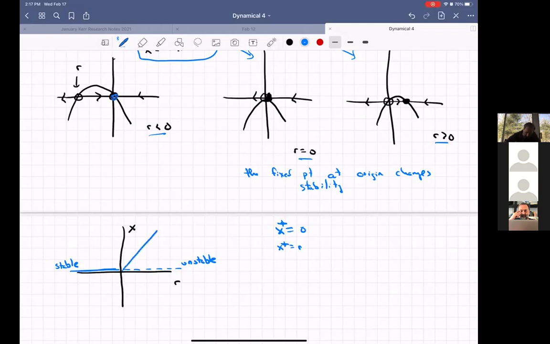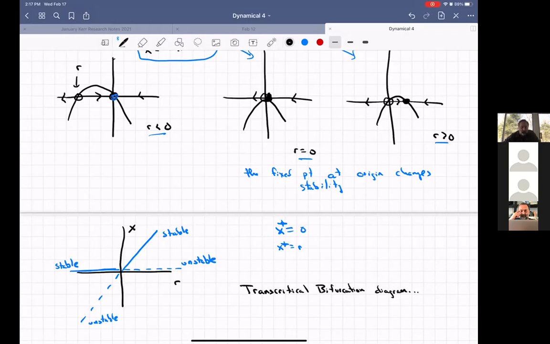But when r was positive, that fixed point was stable. And when r is negative, that fixed point is unstable. So this is my bifurcation diagram for the transcritical bifurcation.